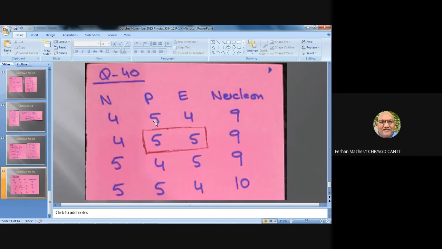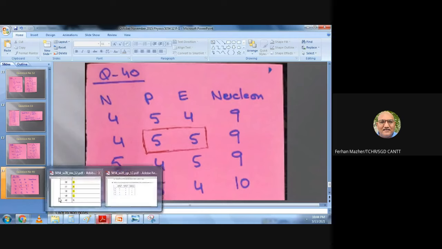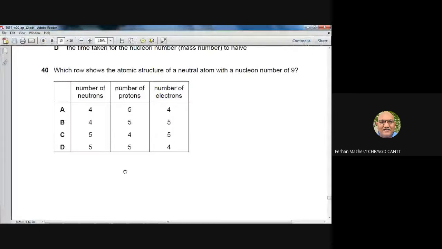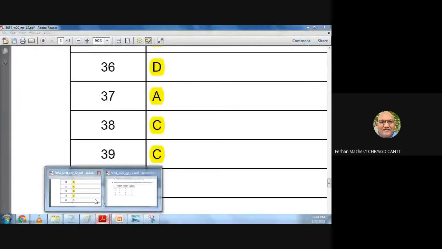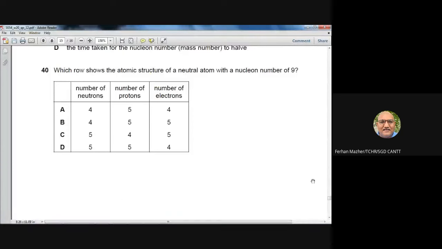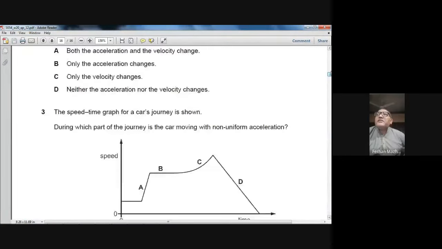For the atom to be neutral, the number of protons and electrons should be same. This second one, B, looks the right option. Question number 40, B is the right option.